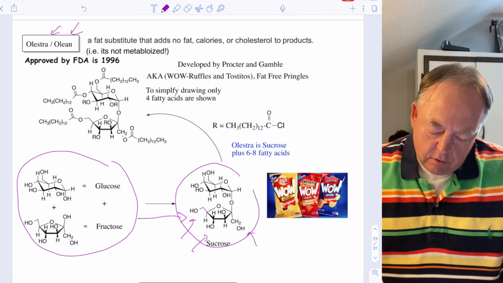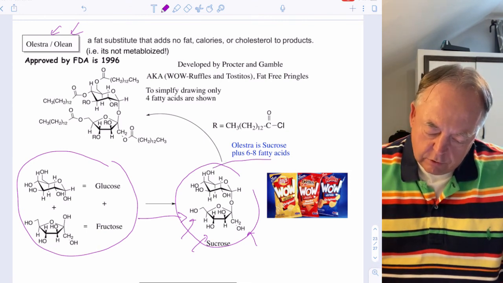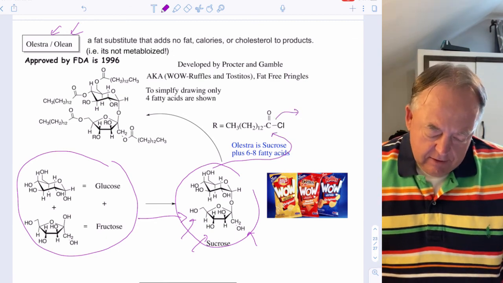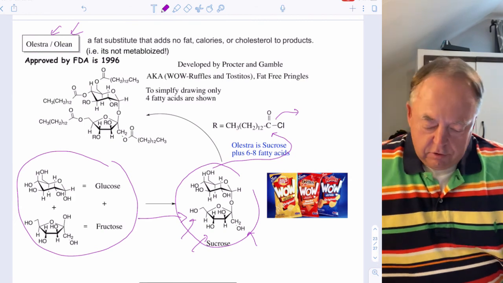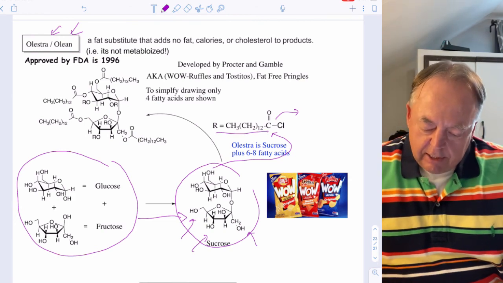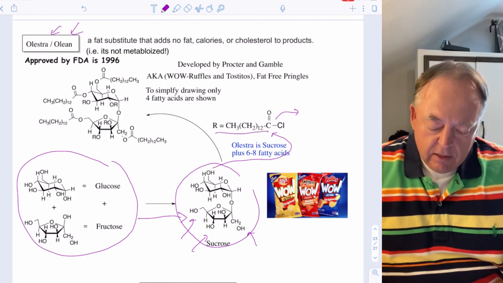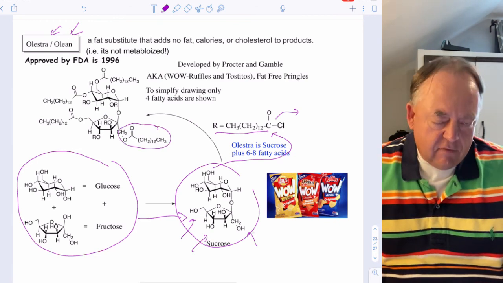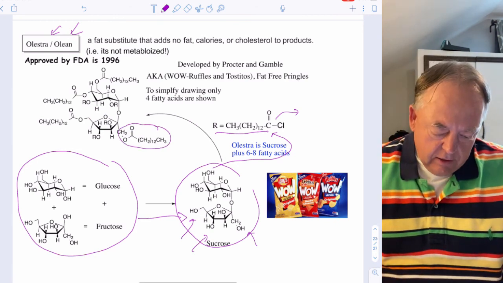So if you take an alcohol with acid chloride, so we talked about this in chapter 21, right? Then you can make an ester. So this is what's done, is to take sucrose and to use this long chain acid chloride to make esters out of all of these hydroxy groups.